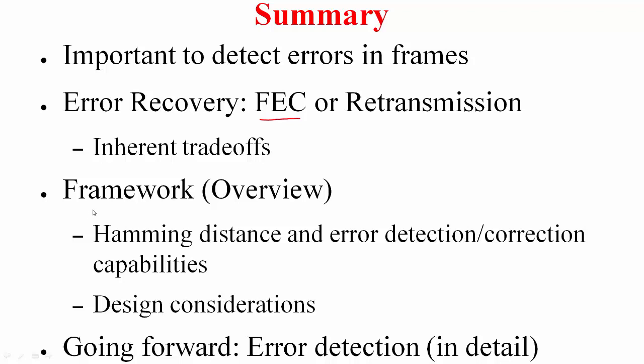We also looked at a framework for error detection and capability. Basically, we covered Hamming distance and what the capabilities of a code are in terms of error detection and correction. And we also looked at the design consideration for the algorithm that does error detection and correction. So going forward, we will cover error detection in detail.